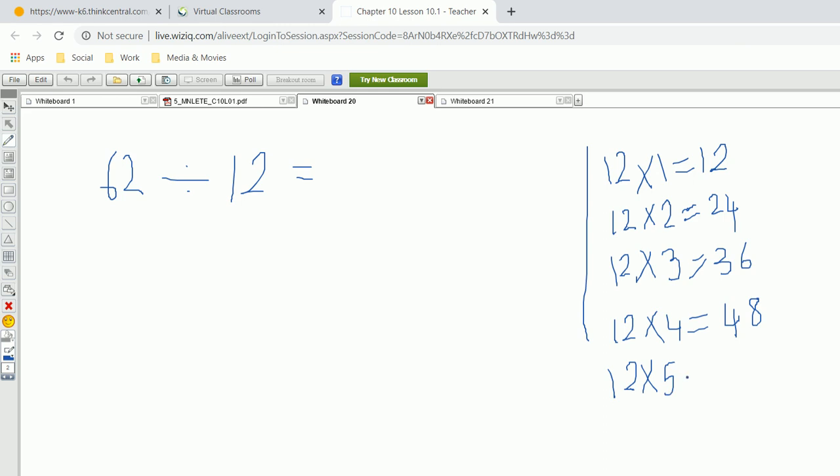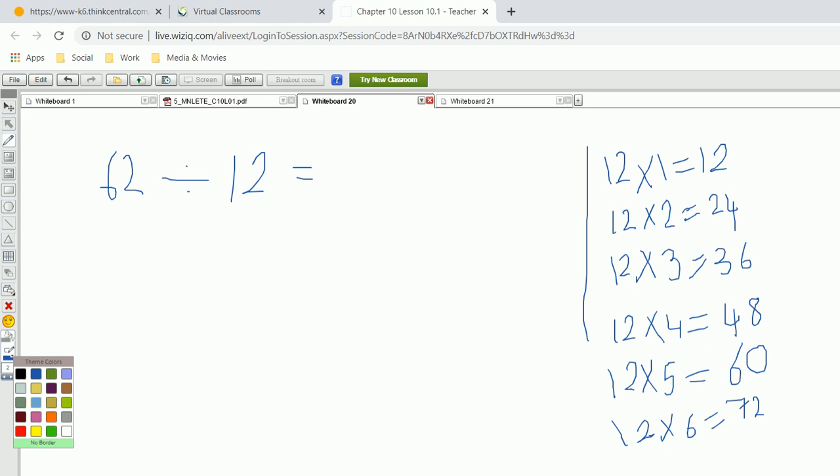Multiply by 5 equals 60. 12 multiplied by 6 equals 72. Now 72 is greater than 62, so we can't take a number greater than it, so we take the number before, which is 60.